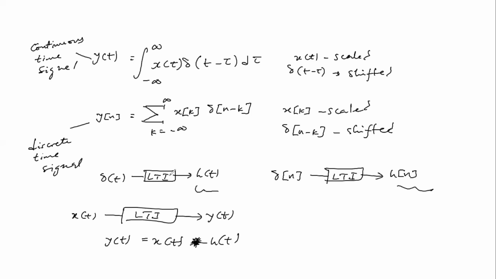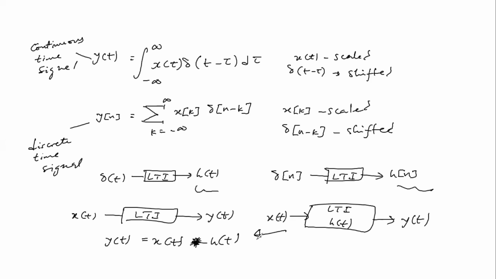So if we're able to tell h of t of this system, then once we feed this system with an input, we should be able to use convolution to figure out the output, which is this. Is that clear?